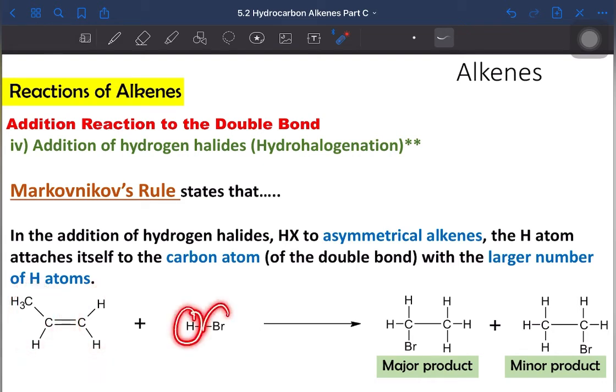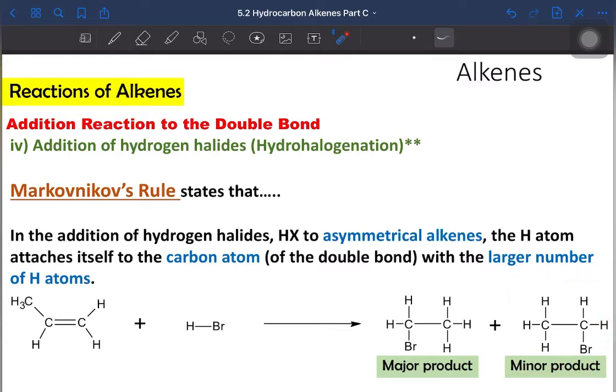Between H and Br here, the hydrogen is more electropositive. So the more electropositive reagent will be added to the side of the carbon double bond with more hydrogens, and the bromine will be added to the carbon with fewer hydrogens to form the major haloalkane product here. If it doesn't follow Markovnikov, it will give the minor product like this one.